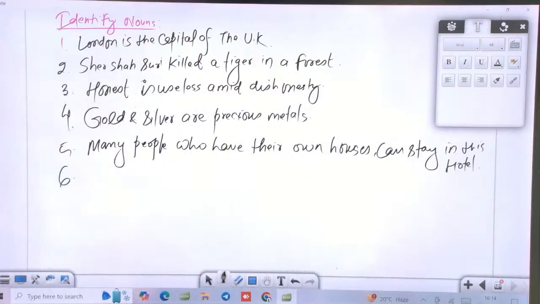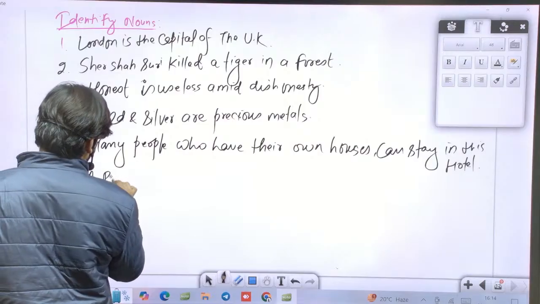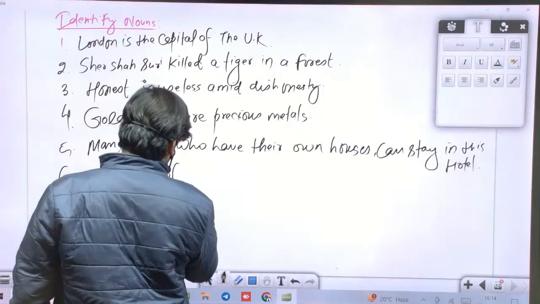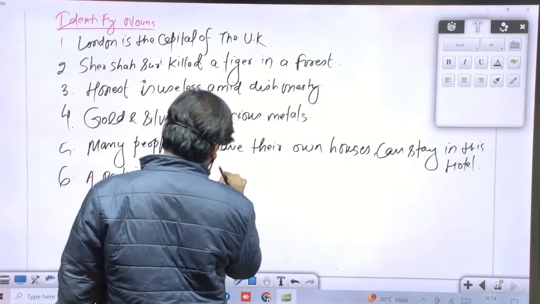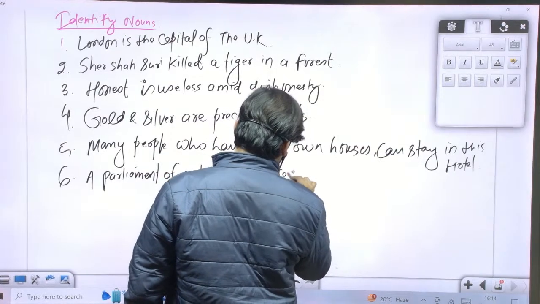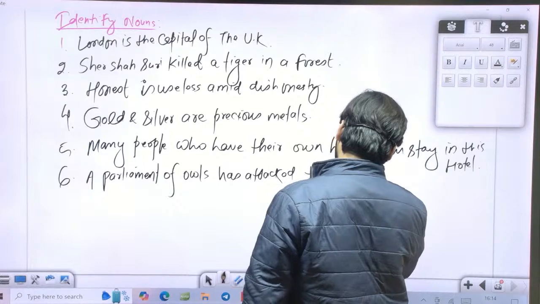Question number six is: A parliament of owls has attacked the travelers.